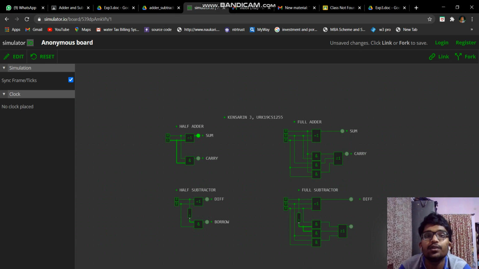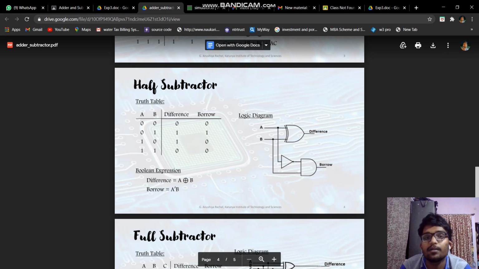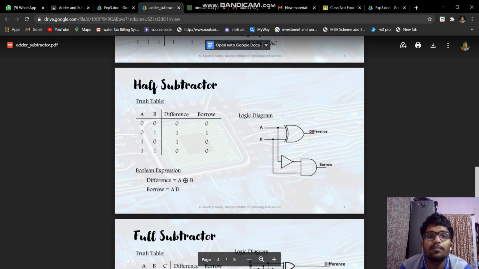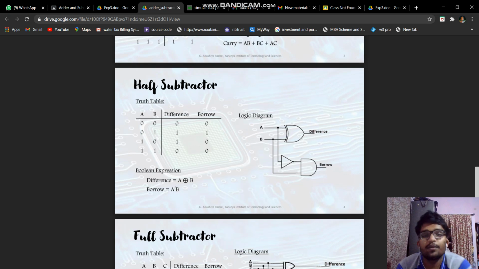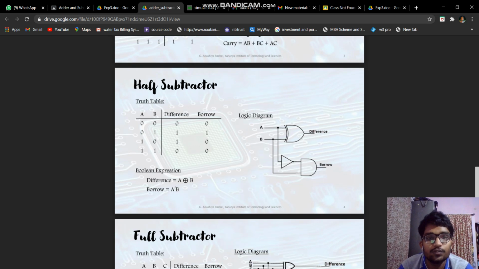Now we will come to the half subtractor. Here it is, the half subtractor. We can see the logic diagram here, and coming to the truth table, it is the same as the previous one where we added; now here we just have to subtract the inputs. 0 minus 0 would be 0 and we will not have any borrow. 0 minus 1 would give difference 1, and we will also have a borrow.